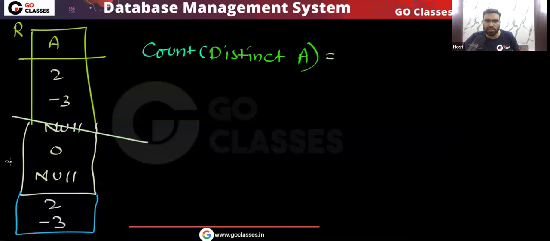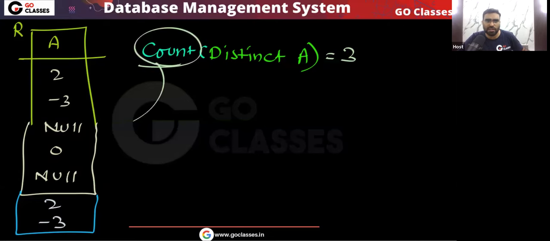So first you ignore the null values, then you count the distinct A. So the answer will be 3.